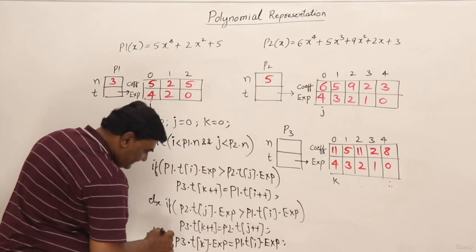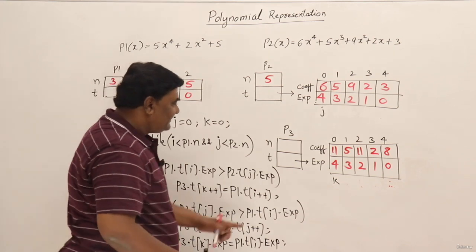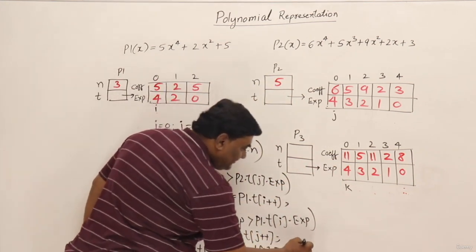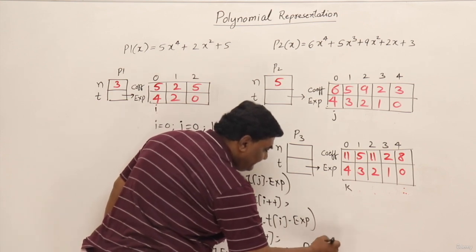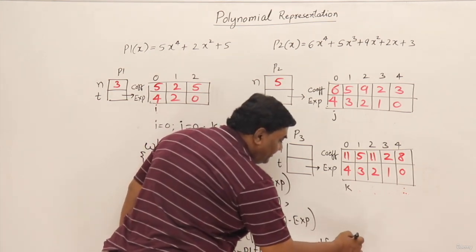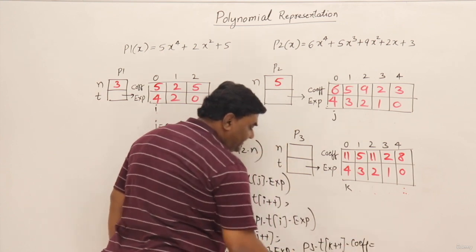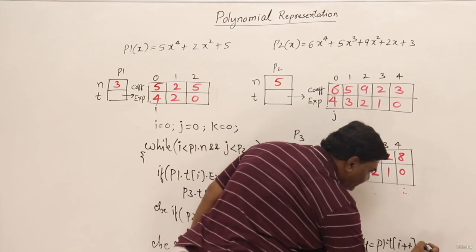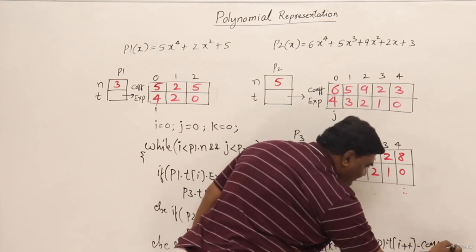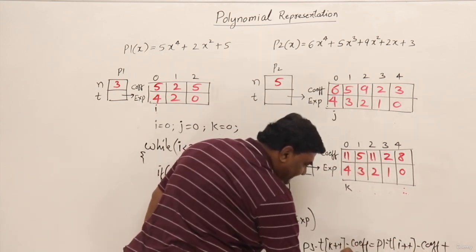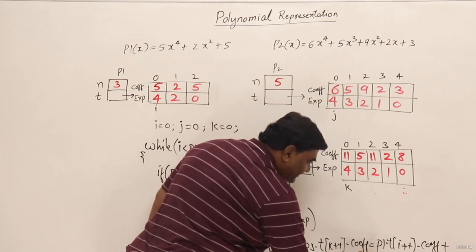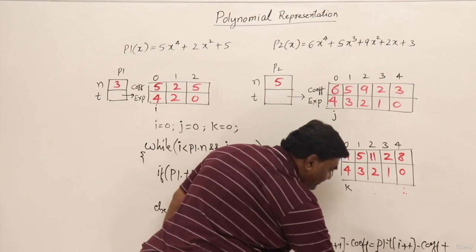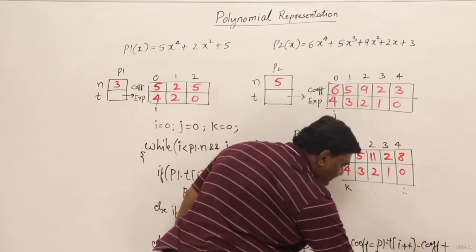So this is one statement. I will use a semicolon. So this is copied. Then the coefficients I should add. So P3 dot T of k plus plus dot coefficient should be equal to P1's T of i plus plus dot coefficient plus, there is no space, so I will continue in the next line, plus P2 dot T of j plus plus dot coefficient.